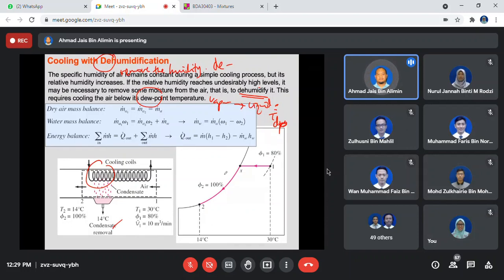So when you want to reach the dew point temperature, you push the system towards the boundary. So in here is where you can achieve the dew point temperature. So that's why we refer to the dry bulb temperature, and also we refer to the wet bulb temperature.